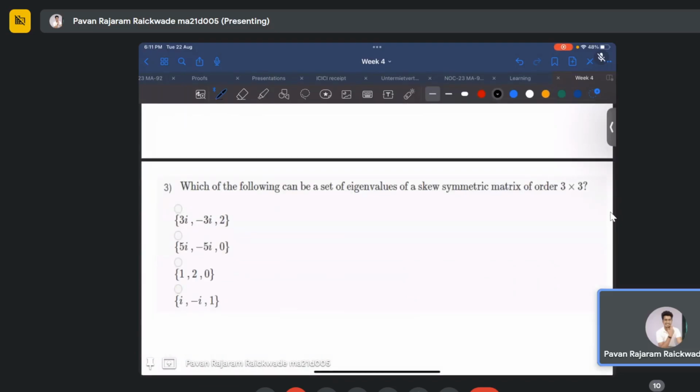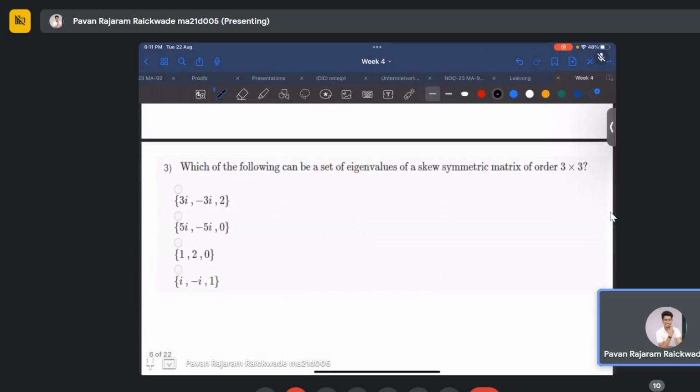Which of the following can be a set of eigenvalues of a skew symmetric matrix of order 3 cross 3? Okay. A skew symmetric matrix simply means that A transpose is the same as minus A. And what are the possible eigenvalues?